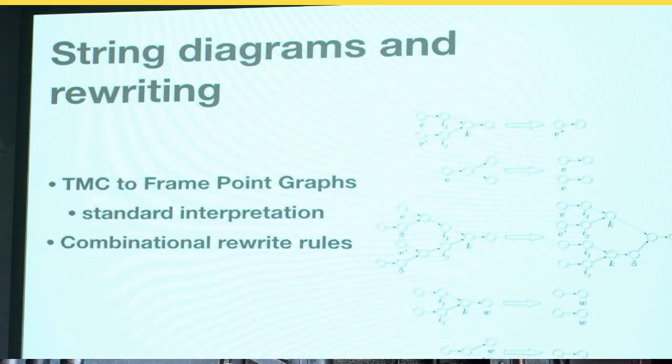And now, because of standard connections between trace monoidal categories and graph rewriting, all the equations that we had so far can be expressed as graph rewriting rules, which are quite simple, if we represent our circuit as a graph.